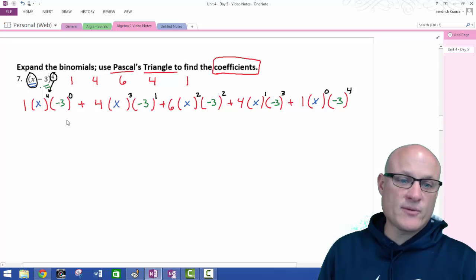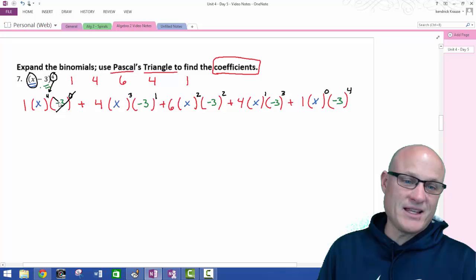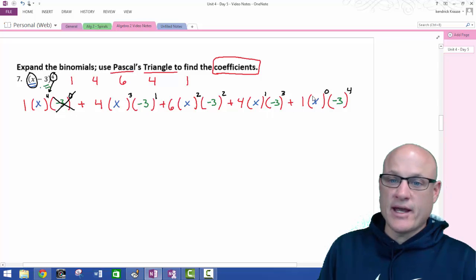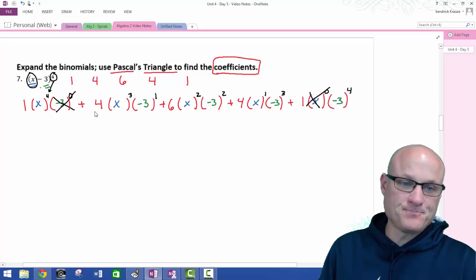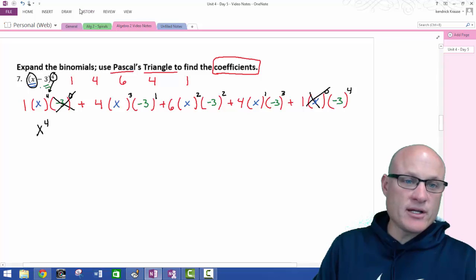Now, anything to the 0 power is just 1. So the first one and the last one at the end to the 0 power aren't very useful because they're really just multiplying by 1. We don't need that. So 1x to the 4th is just x to the 4th.